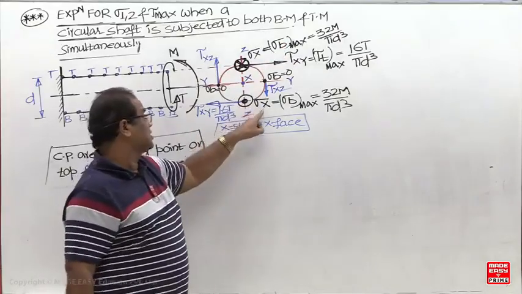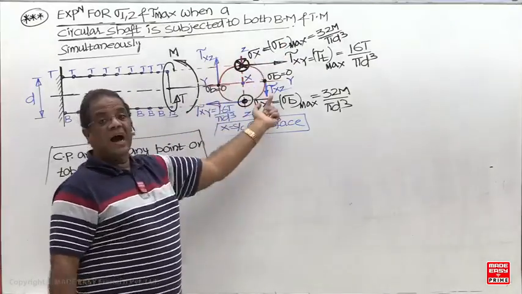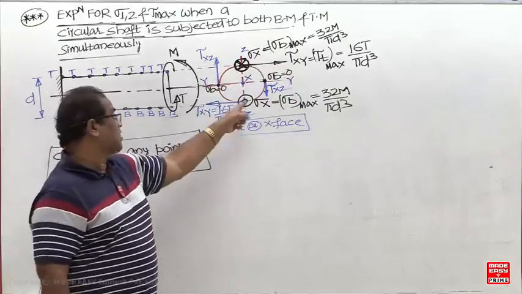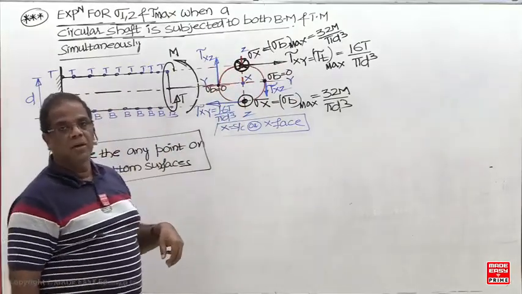And what is the maximum shear stress? 16 t by pi cube. On the cross section, maximum normal stress is 32 m by pi cube and maximum shear stress is 16 t by pi cube.